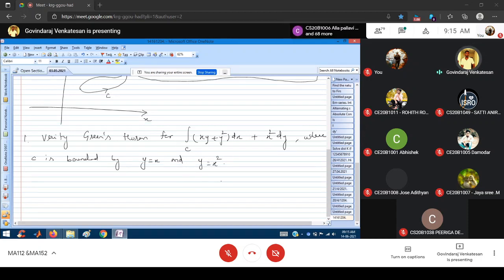First draw the closed curve C. The first one is y is equal to x. The second curve is y equal to x square. This is the curve y is equal to x square.